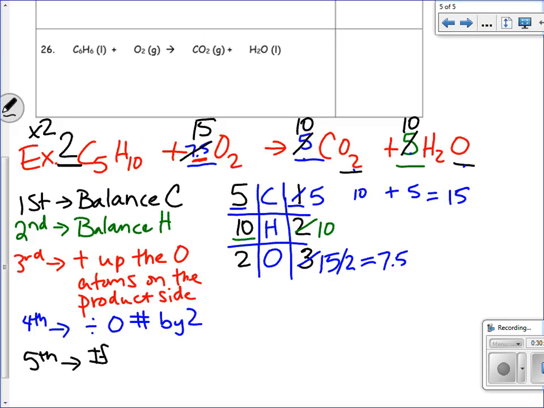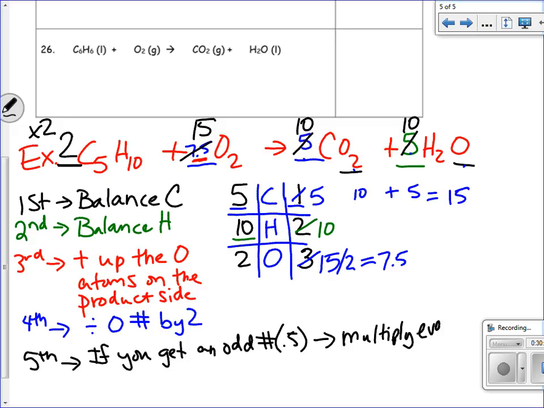But if you get an odd number, basically a 0.5 when dividing here, then multiply everything by 2. You get that odd number, which ends up making us have a 0.5 there. Then we multiply everything by 2.